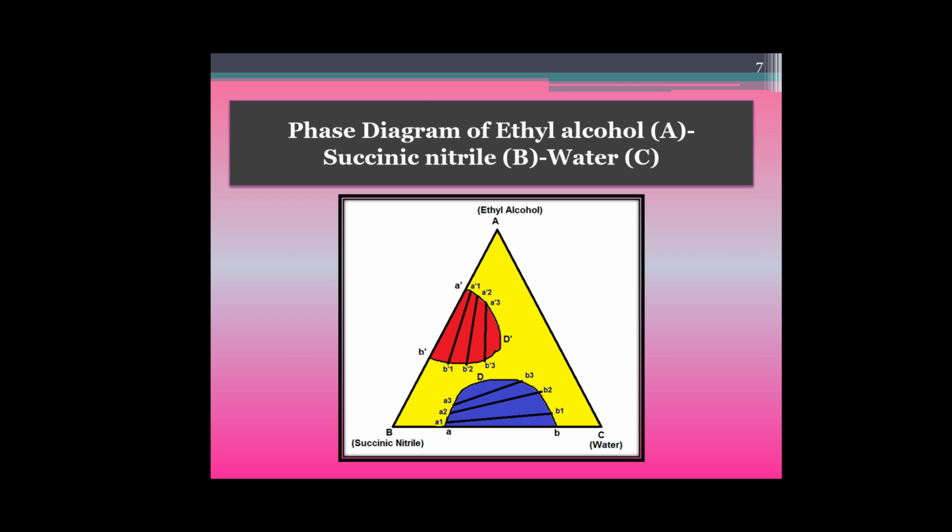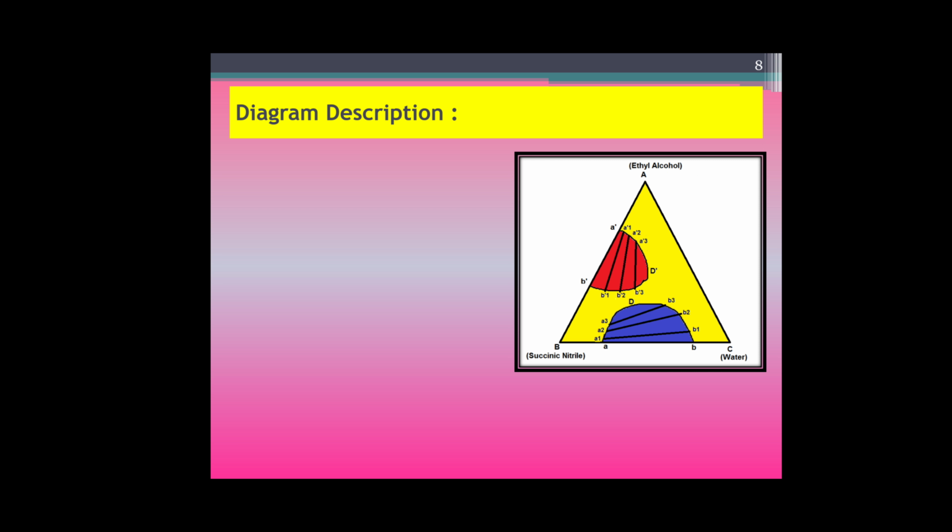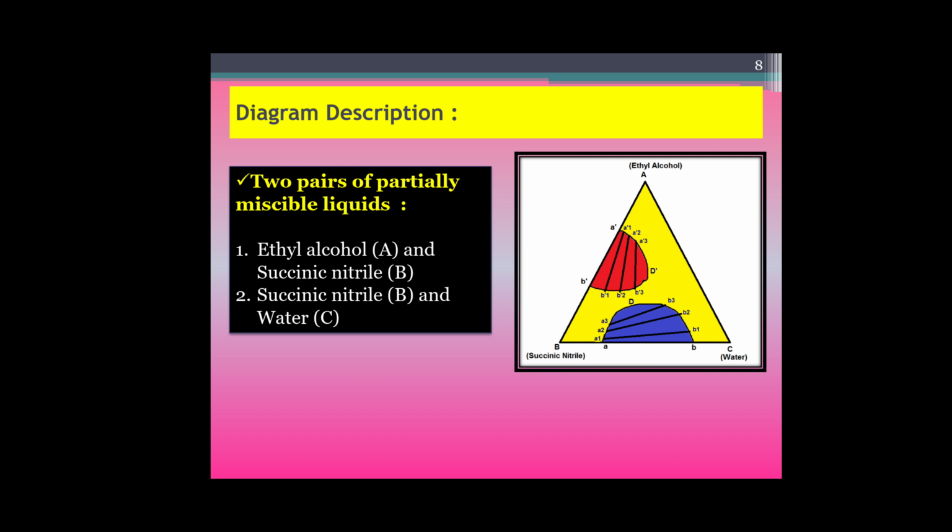In this phase diagram, the capital English letters A, B and C show the composition of ethyl alcohol, succinic nitrile and water respectively. Now, the description of this phase diagram. In this system, two pairs are present which are partially miscible or partially soluble with each other.